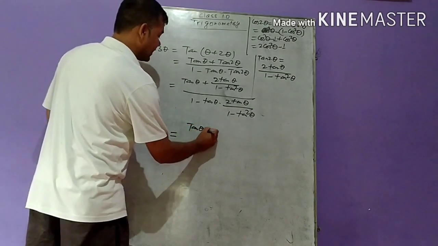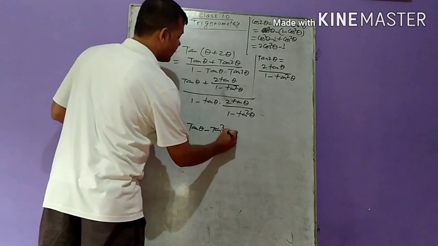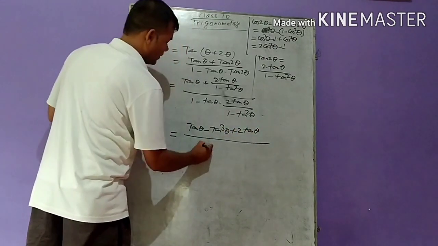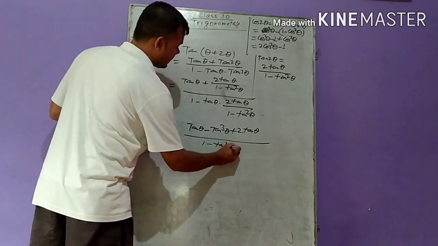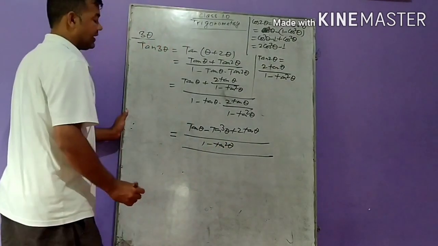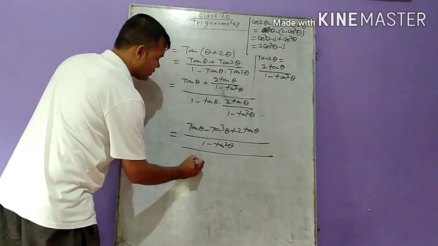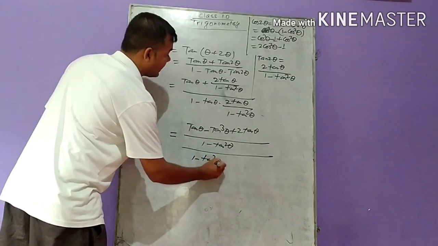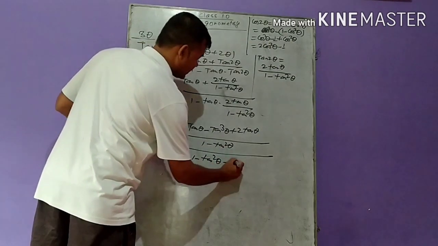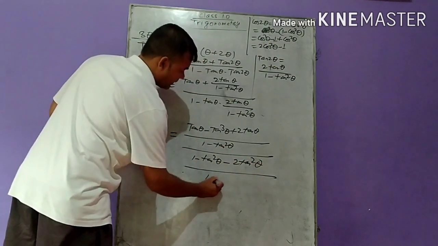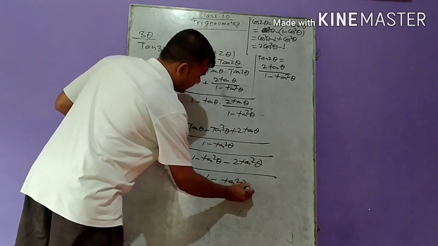1 minus tan square theta into tan theta is how much? Tan theta minus tan cube theta plus 2 tan theta upon 1 minus tan square theta, by 1 into 1 minus tan square theta means 1 minus tan square theta, and this is minus 2 tan square theta by 1 minus tan square theta.